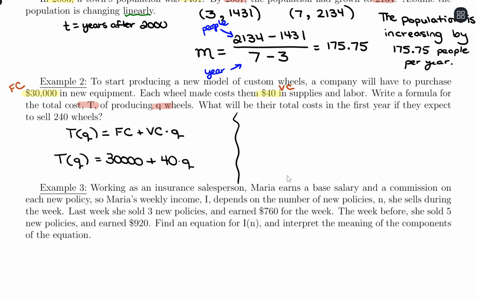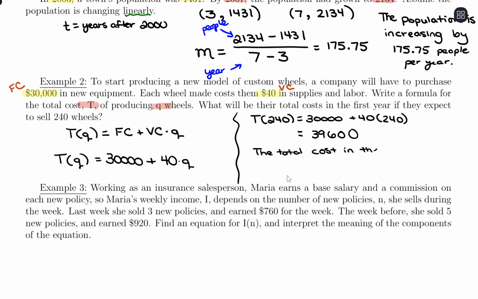And we want to find what will be their total cost in the first year if they expect to sell 240 wheels. So now we want to find this total cost of 240. So we'll take 30,000 plus 40 times 240. And just plugging that into a calculator, that should be 39,600.